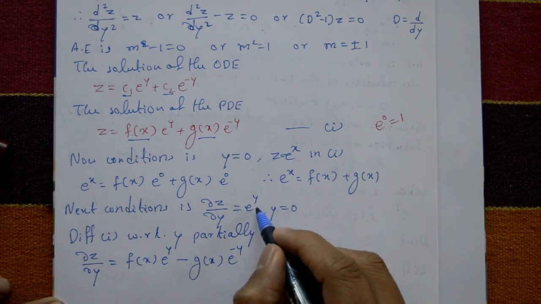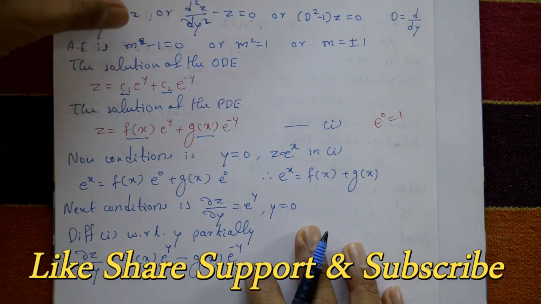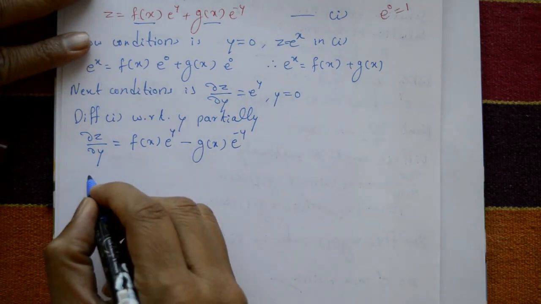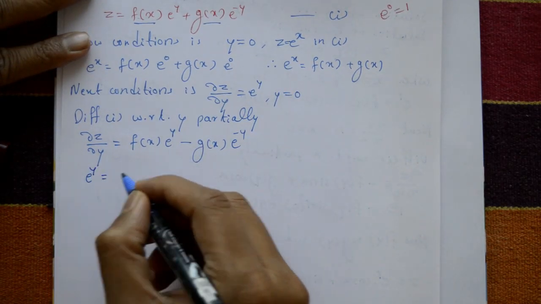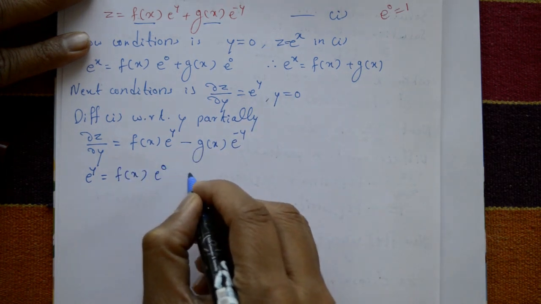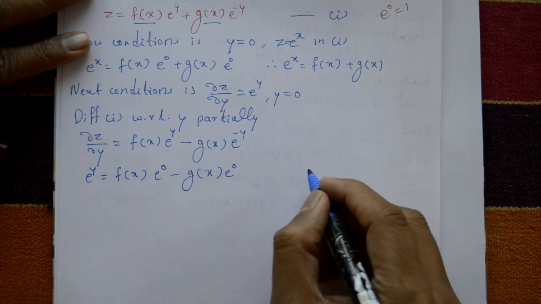Now use the condition ∂z/∂y at y = 0 in this equation: e^(-x) = f(x) e^0 - g(x) e^0. You know that e^0 is 1.